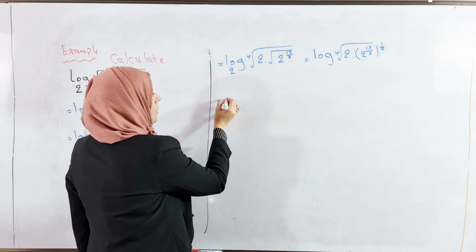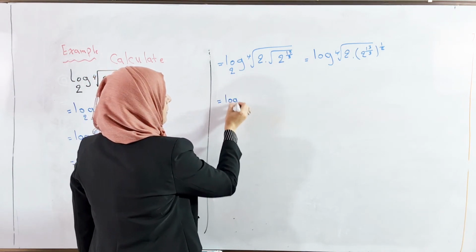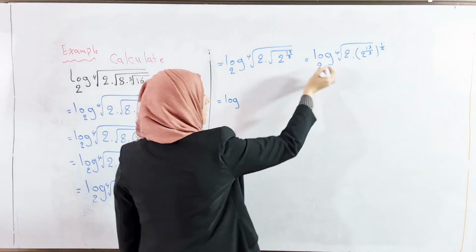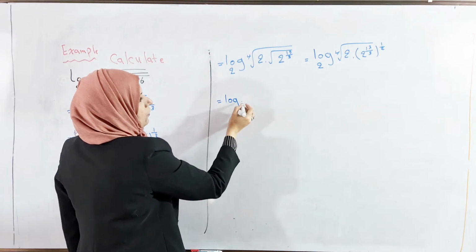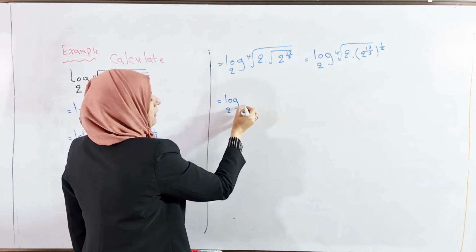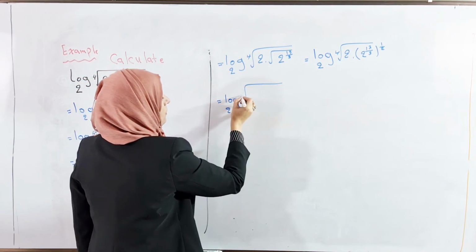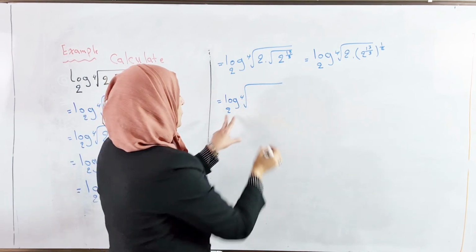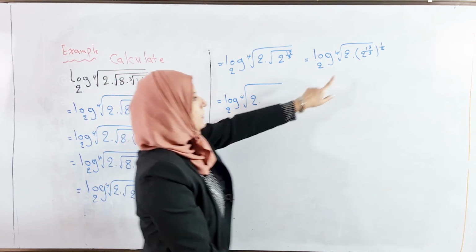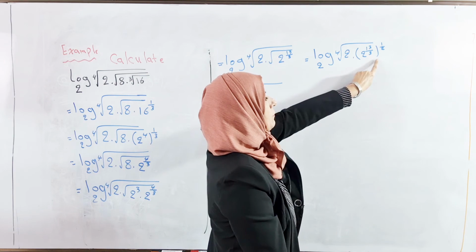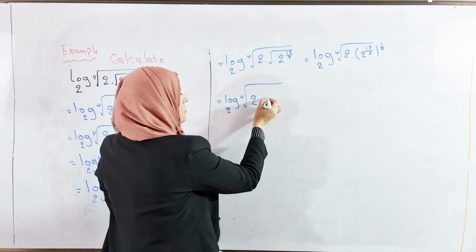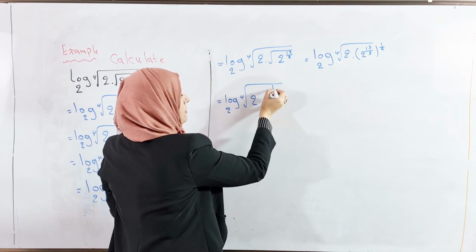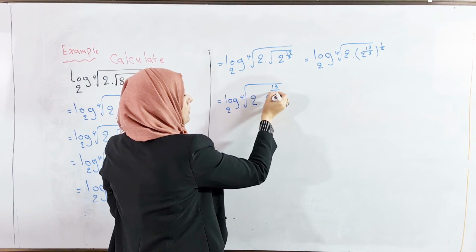Will be logarithm base 2, 4th root and 2 multiplied by، هذه هنا عند الرفع تضرب الأسس will be 2 power 13 on 6.